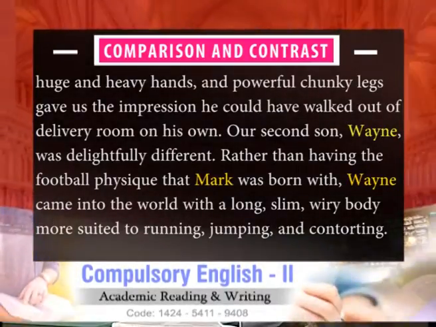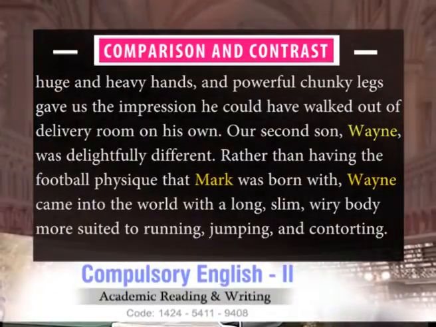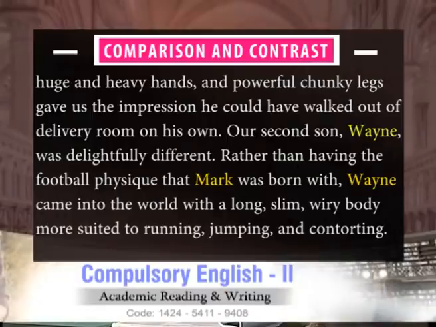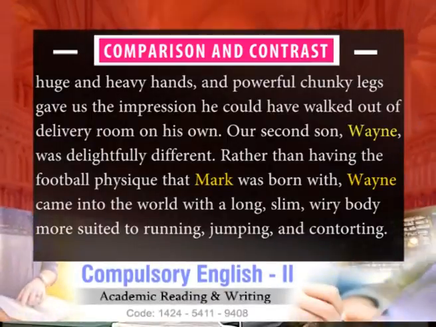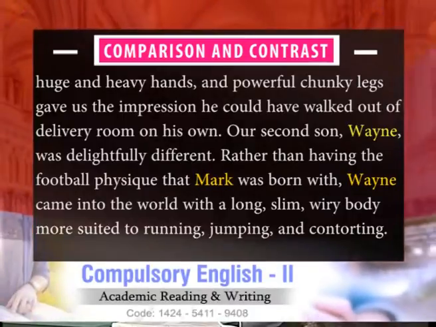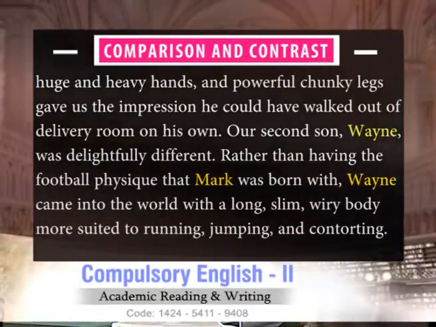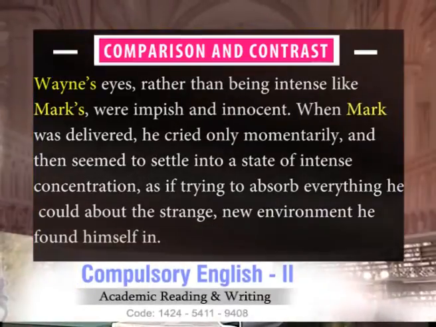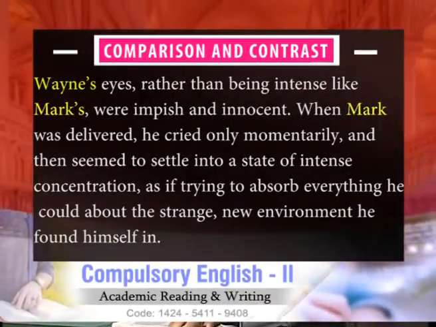Our second son, Wayne, was delightfully different. Rather than having the football physique that Mark was born with, Wayne came into the world with a long, slim, wiry body more suited to running, jumping, and contorting. Wayne's eyes, rather than being intense like Mark's, were impish and innocent.